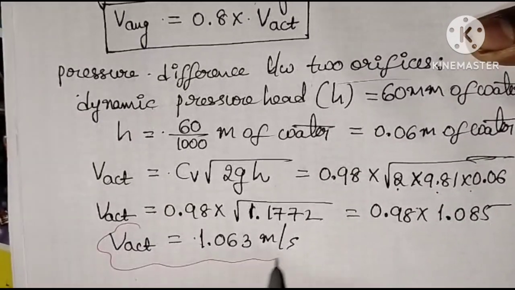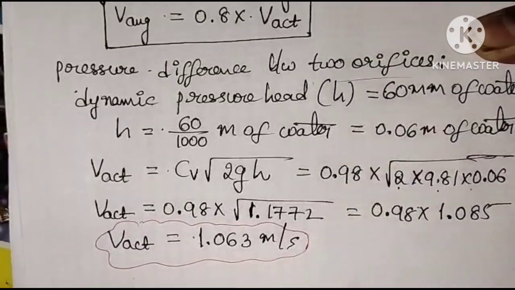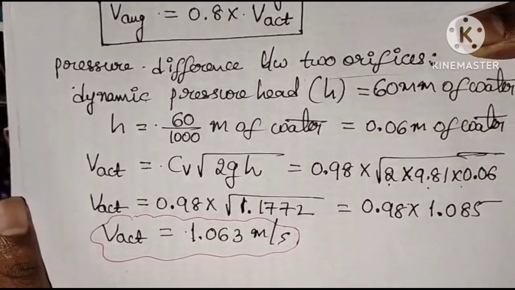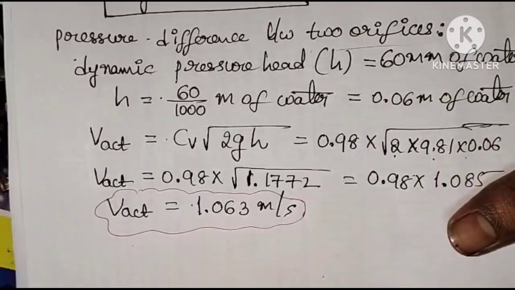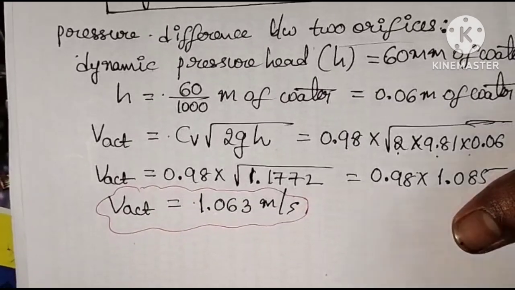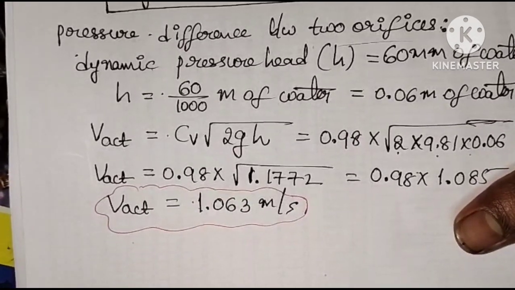Now let us find the flow through the pipe, the discharge through the pipe. We have to find the discharge through the pipe.